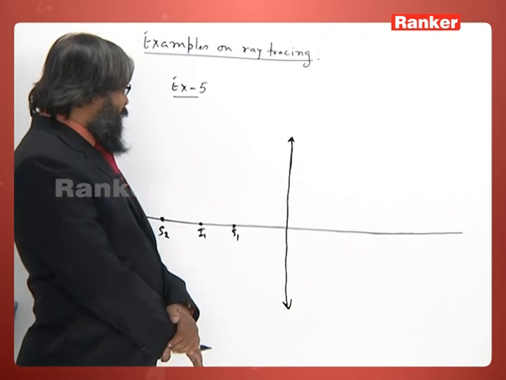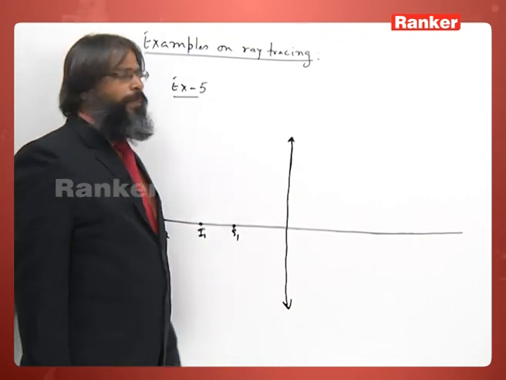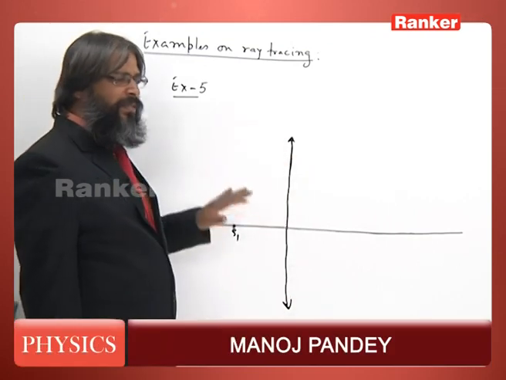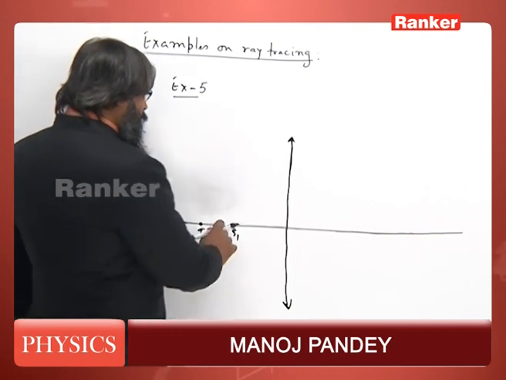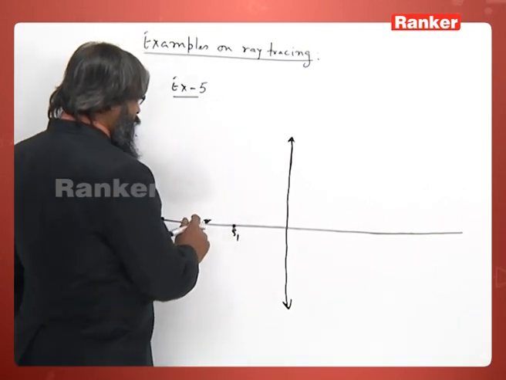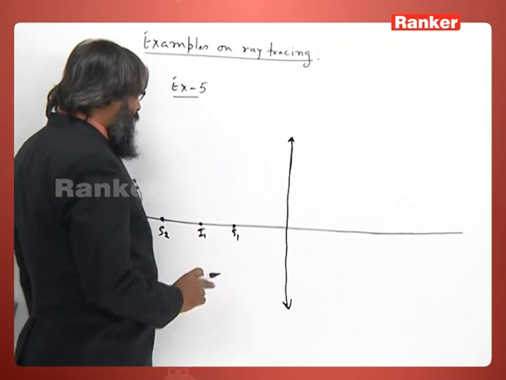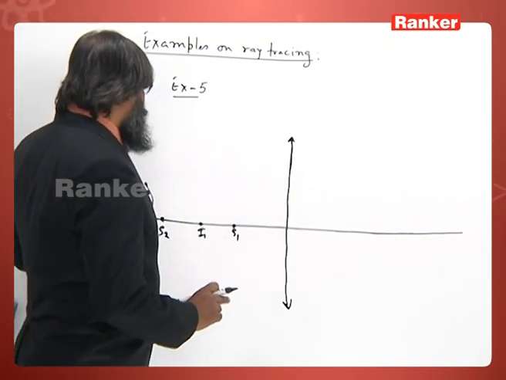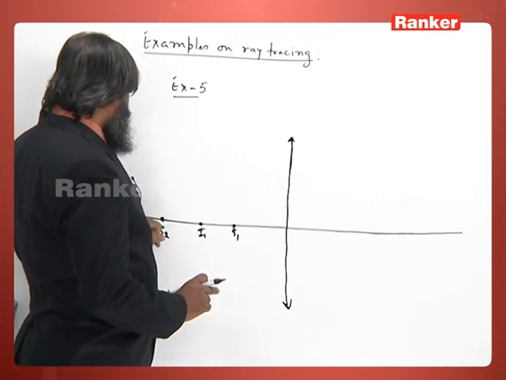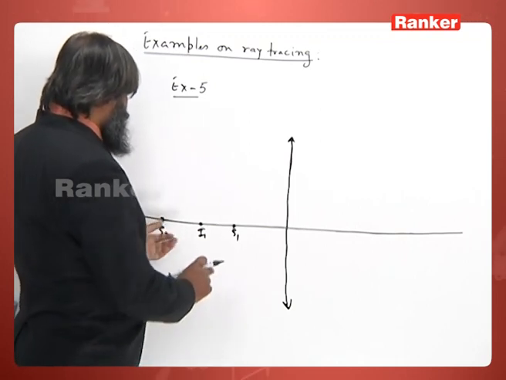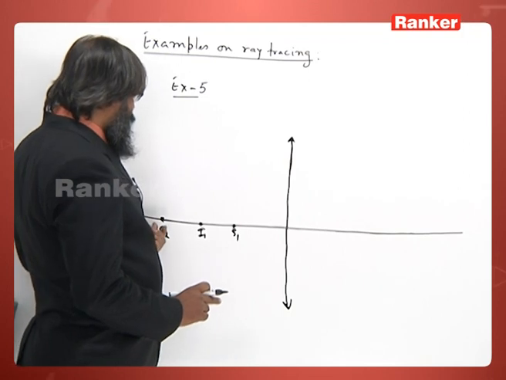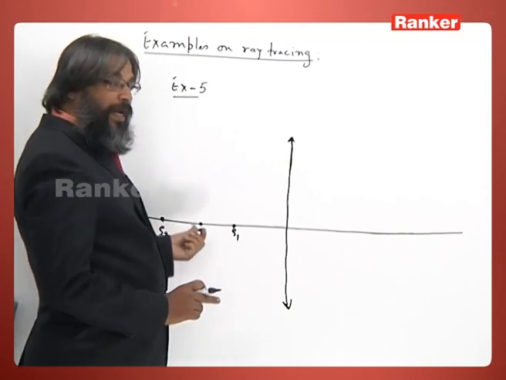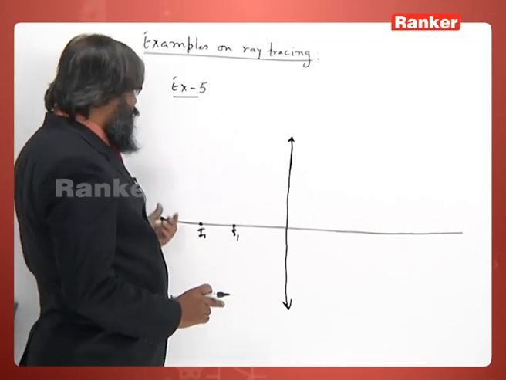So now let us take one more example of a converging lens. S1 is a point source whose image is formed at I1 by this lens system. We have to find out, if S2 is here, somewhere here arbitrary, where the image of S2 is formed.